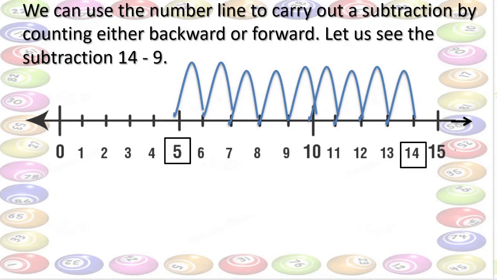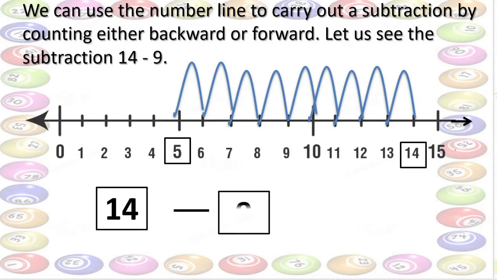What we got? 5. So here 14 minus 9 is equal to 5. Am I right? Because we got the answer from this number line by counting backward method.